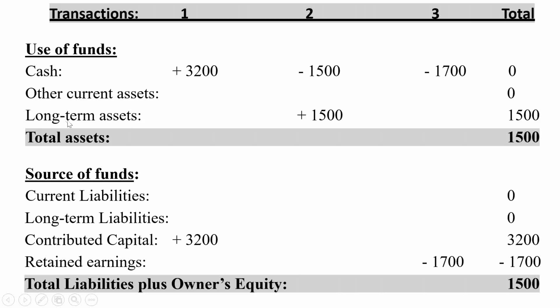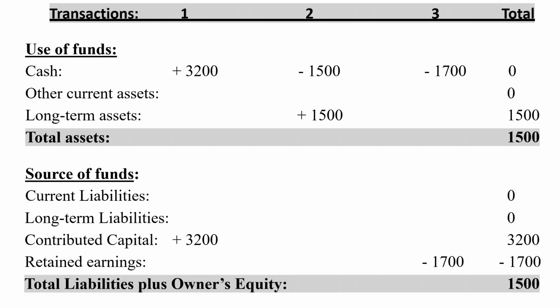Initially there was nothing, 0, 0. Then in the first transaction, owners contributed 3,200, so contributed capital goes up and cash goes up. At this point, total assets are 3,200 and total liabilities plus owner's equity are 3,200. It's in balance.